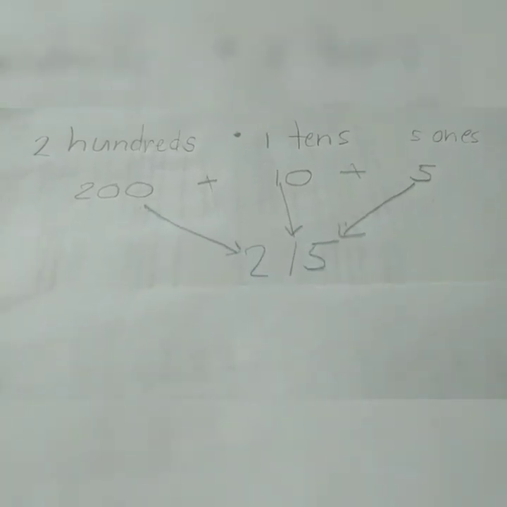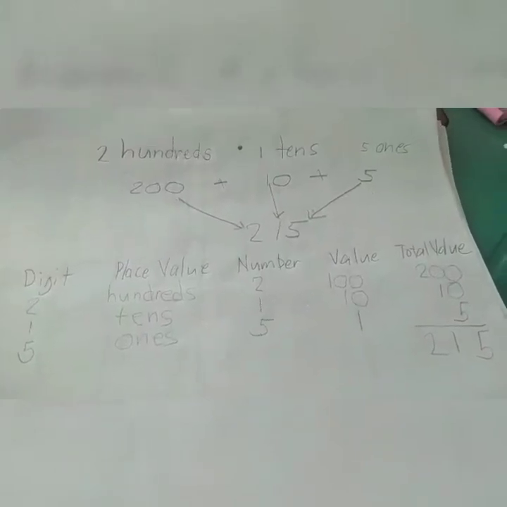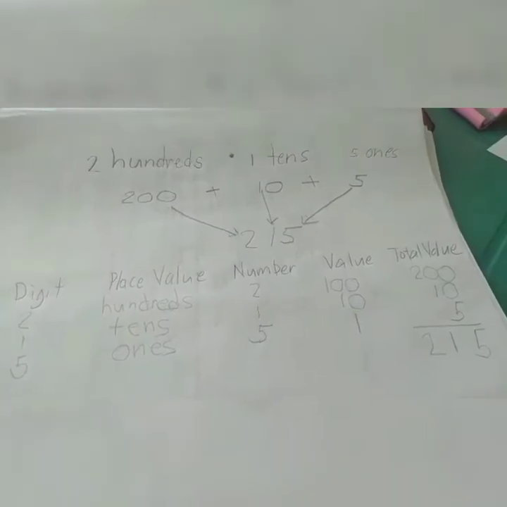We will add them all. 200 plus 10 plus 5 is 215.